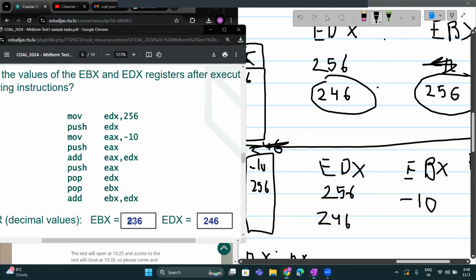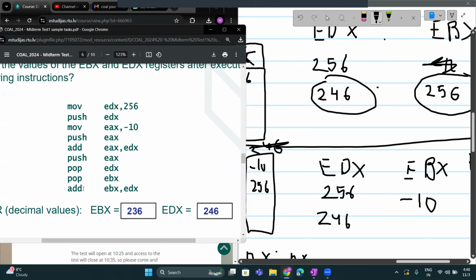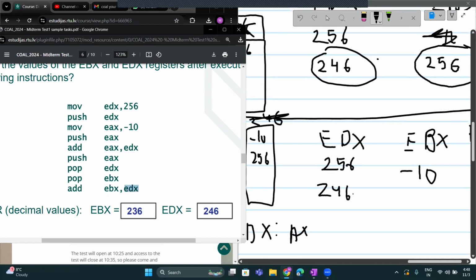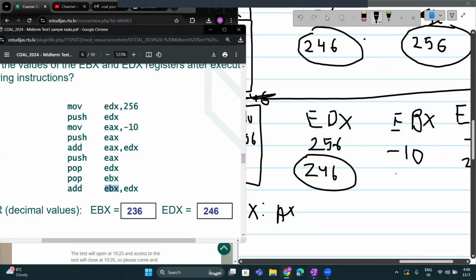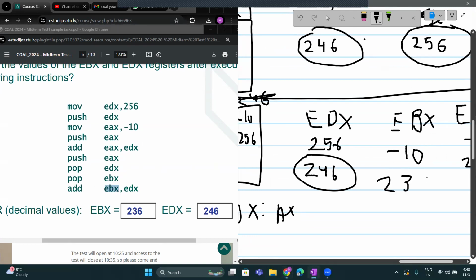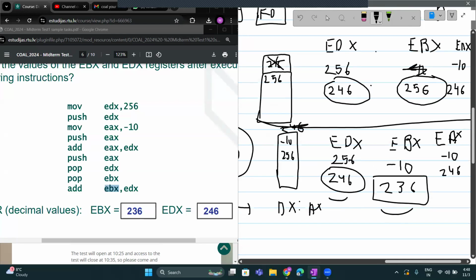This answer is wrong here because we didn't subtract it again. In the end, what we are doing is adding to EBX the value of EDX. So the latest value of EDX is 246 and when we add, it changes to 236. Yeah, that's now correct. So now it's 236 and 246.